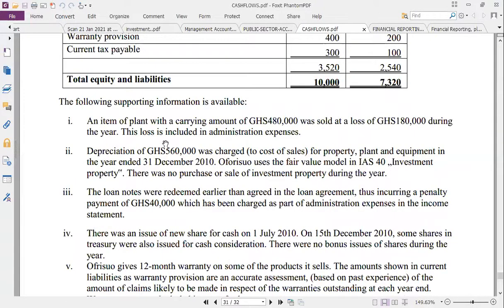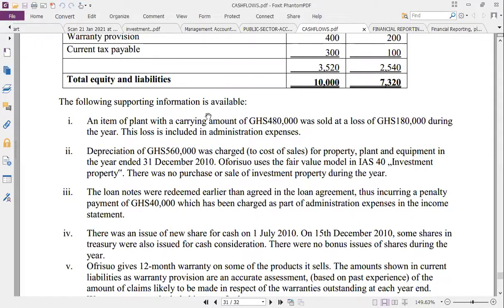The following supporting information is available. Note 1: an item of plant with a carrying amount of 480,000 was sold at a loss of 180,000 Ghana cedis during the year. The loss is included in administrative expenses.